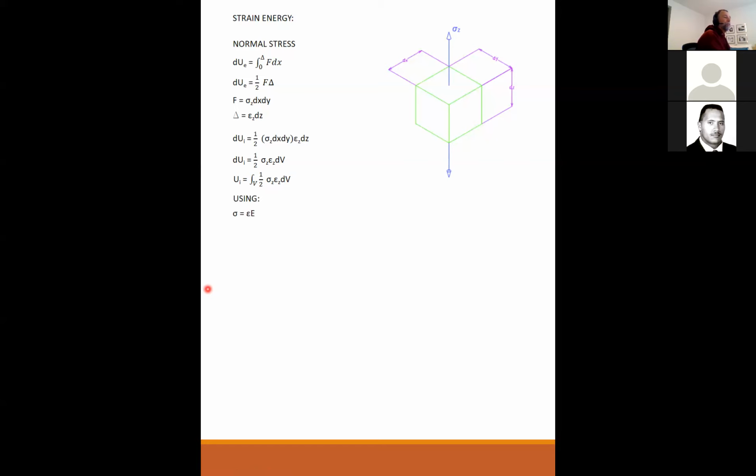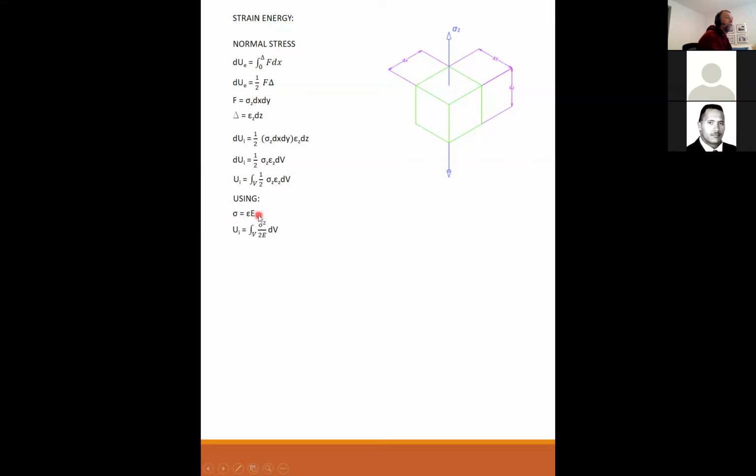Now I can use Hooke's law. Sigma is equal to epsilon times Young's modulus E. I can substitute that back in here so that the energy is the integral of sigma squared over 2E, which all I did is substitute out the strain here.